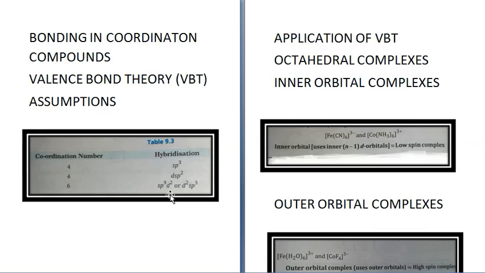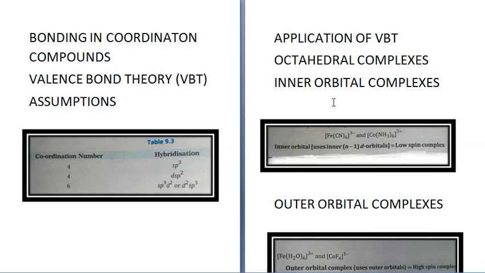In octahedral complexes, I told you that the coordination number should be 6. Now the octahedral complexes, they are formed by either d2sp3 or sp3d2 hybridization. Then they can be grouped into two categories. First is the inner orbital complexes. Now this complex involves d2sp3 hybridization because participation of inner d orbitals, that is n-1 d orbital of central metal atom or ion, is there during hybridization.